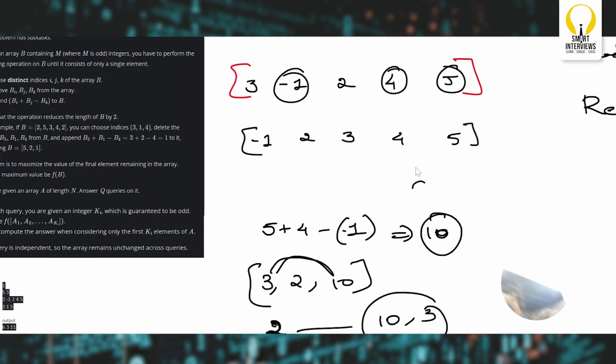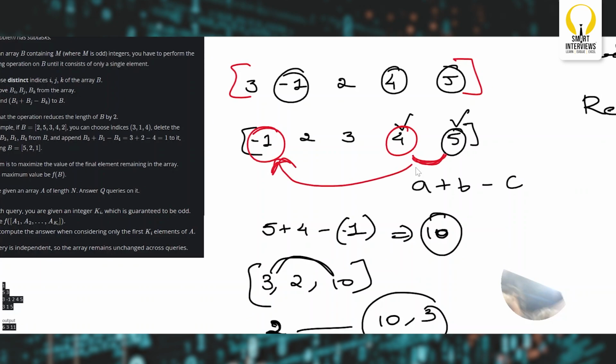The expression that we have is a plus b minus c. If I'm going to pick max and second max and a minimum value, can I say these two will always be greater than the minimum value that I'm going to pick?